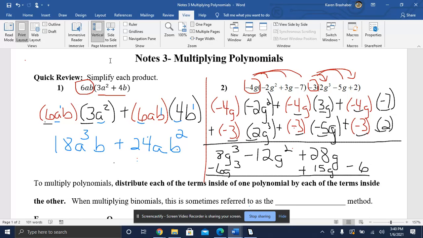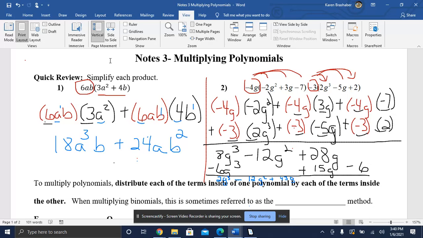So 8 and negative 6 will add up to 2g to the third power. We'll have to bring down the minus 12g to the second power. Then we'll add 15 and 28, making 43g.